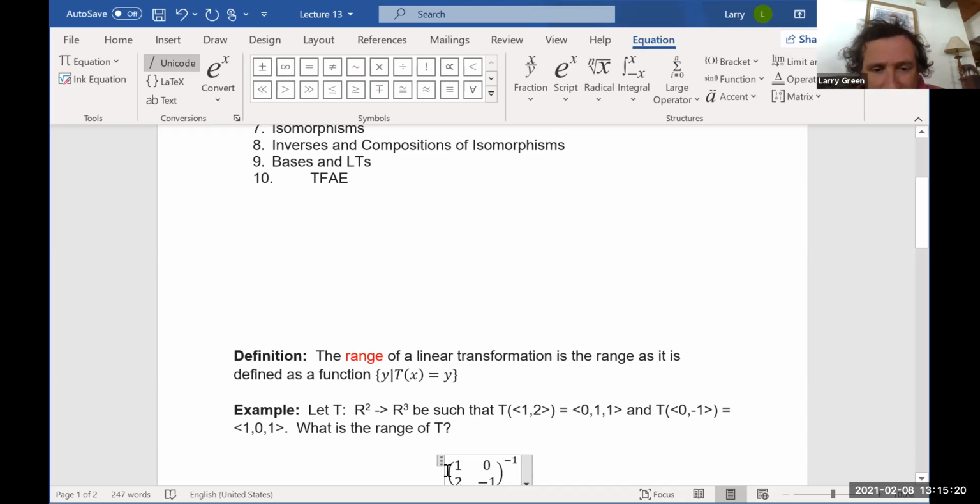So, in particular, we do the inverse first and then we do the output. So we multiply kind of backwards in a way. So let's do that.